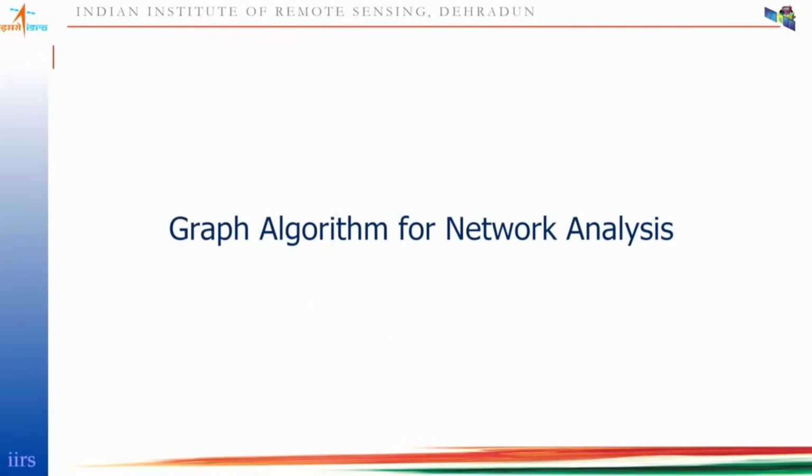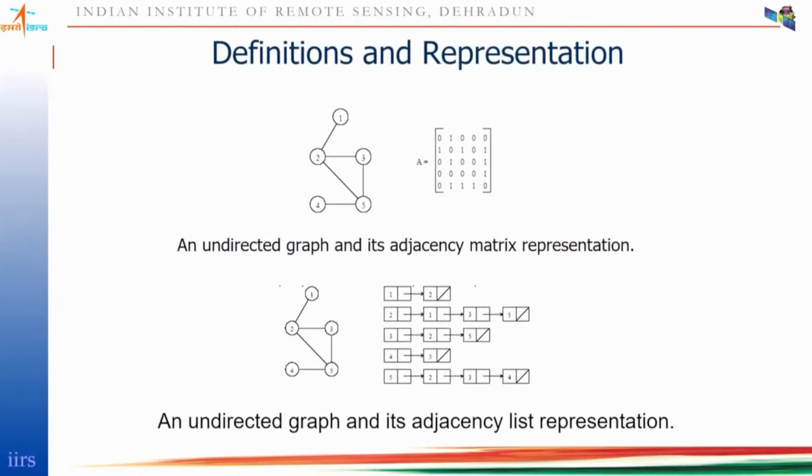Now let's see a few examples of network analysis which is being used. Before that, we have to understand that if you want to do these analyses programmatically or using your own method, which is not available in a GIS software, you need to know a basic representation of your network.